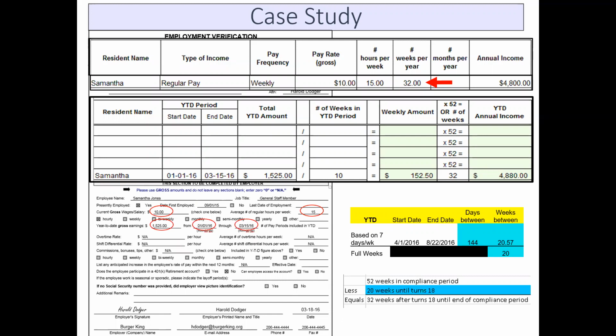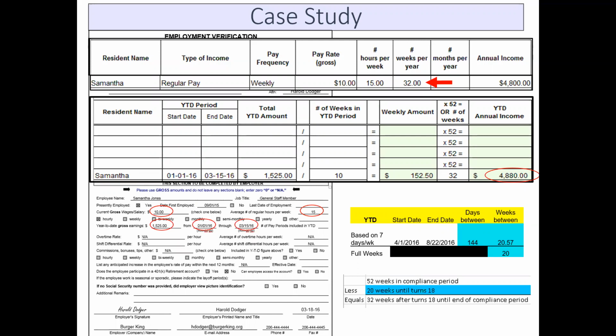So looking at our income, we have $4,800 at the $10 an hour, 15-hour a week rate, or looking at our annualized year to date, we have $4,880, and of course we're going to take the higher of the two. So $4,880 is what we're going to count for Samantha's income.